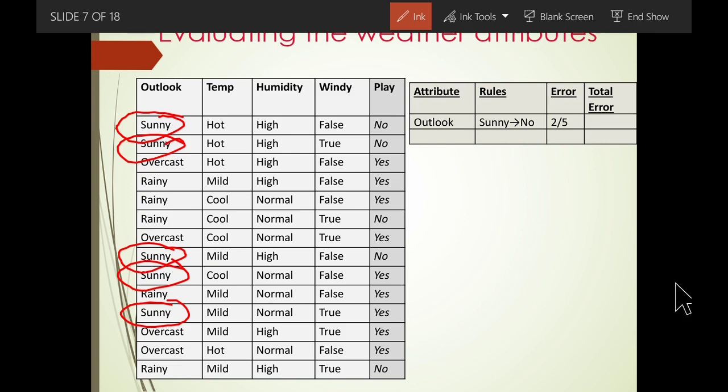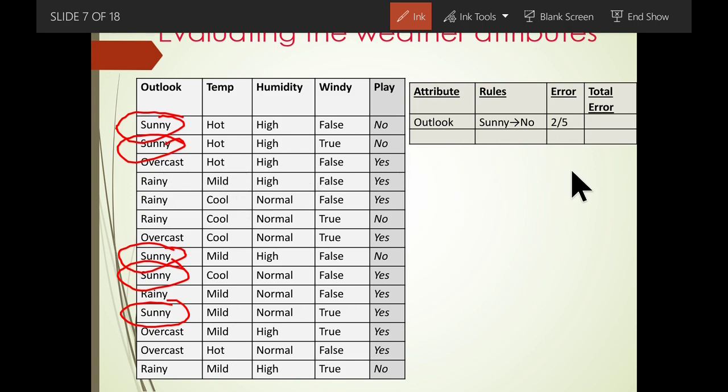The rule is sunny is equal to no. First row it is no, second row again no, third again no, and the fourth one is play is equal to yes, and the fifth one again yes. So out of 5, 3 are no and 2 are yes. Since the rule is sunny is equal to no, the 2 yes are 2 errors out of 5. This is for outlook.